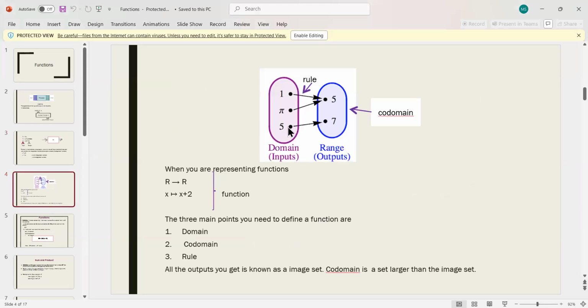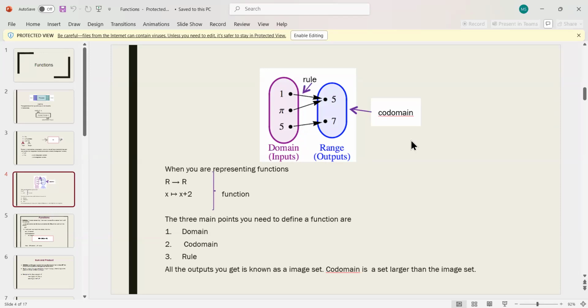Now here, normally when we put values as the input, that is known as the domain. Then from the rule or the process, you get some values. Those are known as outputs or the range. But every time it is difficult to find the range or the output. So normally we have a new set known as the codomain.